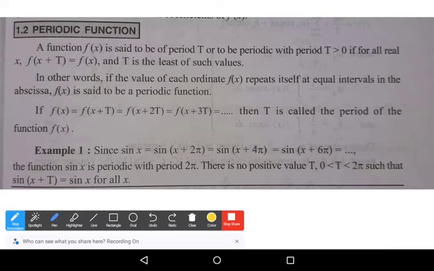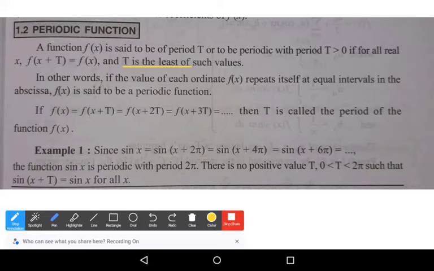Let us see one simple example. We know that the trigonometric function sin x is a periodic function with period 2 pi. You observe that sin x is equal to sin of x plus 2 pi, sin of x plus 4 pi, sin of x plus 6 pi, and so on. Also remember that in the definition, capital T is the least of such values.